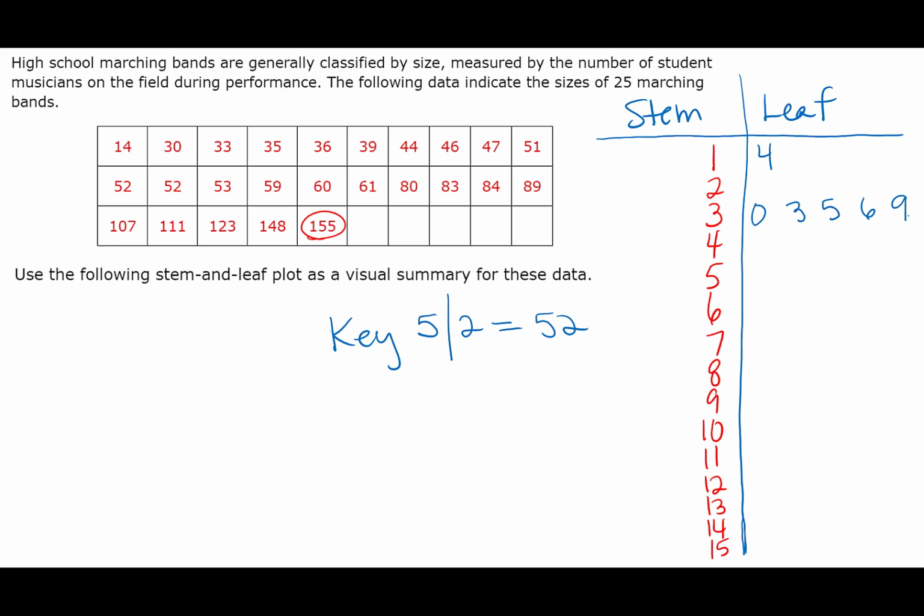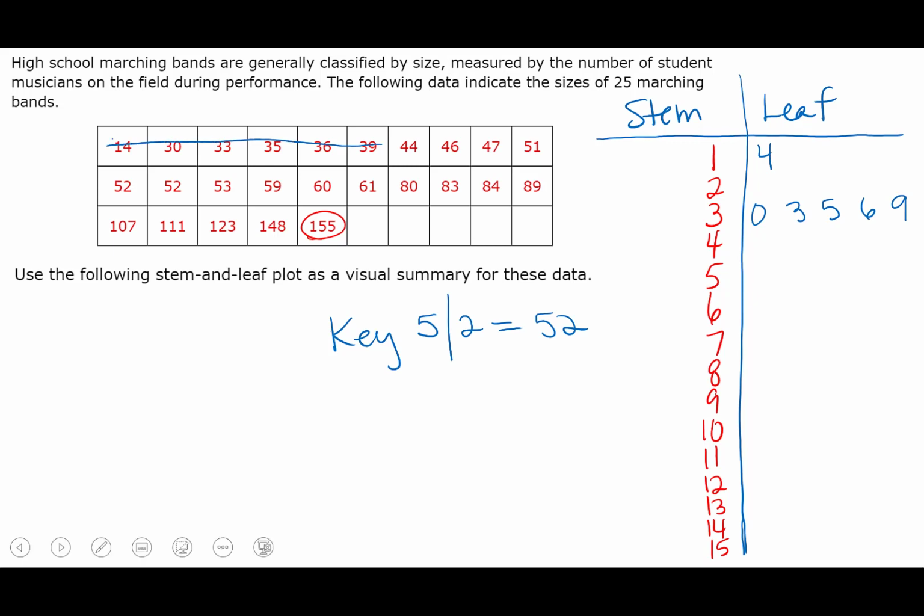I've seen stem and leaf plots both with commas between the leaves and without commas. I prefer without a comma, and I believe that's how WebAssign will do it also, but let me know if I said that wrong. We ended with 39, so all of these numbers are taken care of.